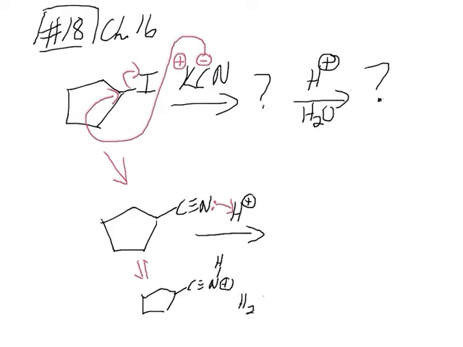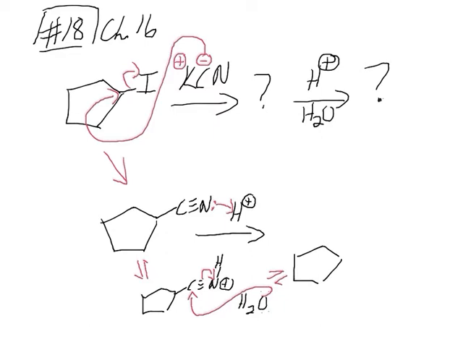Remember, water is still floating around. So now this carbon of the nitrile is a pretty good electrophile. So it also helps to know kind of where we're going with this. At the end of the day, we want to turn this nitrile into a carboxylic acid. Right? So we got to start adding oxygens.